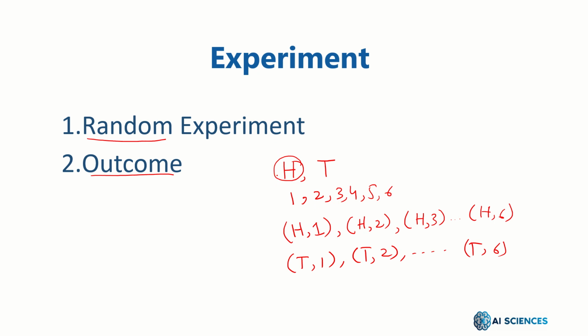And obviously the goal of probability theory is to predict those kinds of outcomes. What are the chances that this outcome will appear? What are the chances that this outcome will appear, and so on? That we will see later in this video.